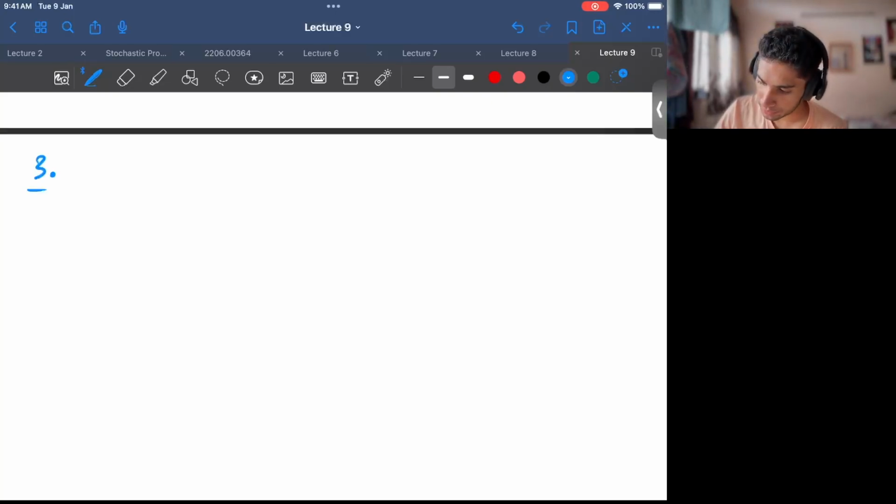Again, this time we are given that x1 till xn are sampled IID from a log normal distribution.